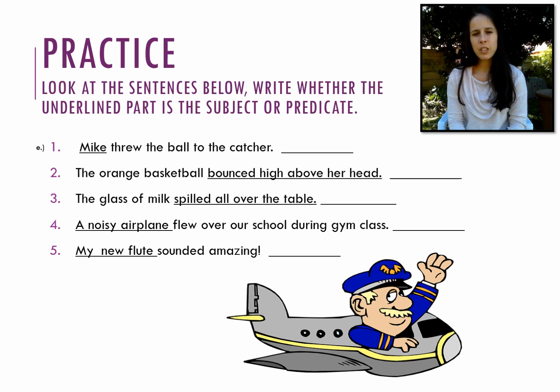To complete this, you're going to write each sentence in your workbook, underline what I've underlined, and at the end of the sentence, you can either write subject or predicate in color. So before moving on, you're going to pause the video, write all your sentences down, underline what I've underlined, and write your answer at the end of the sentence before pressing play again, because I'm going to put the answers up.